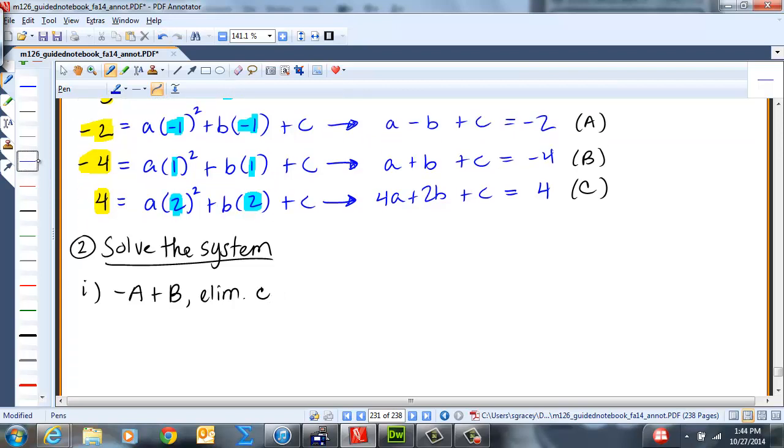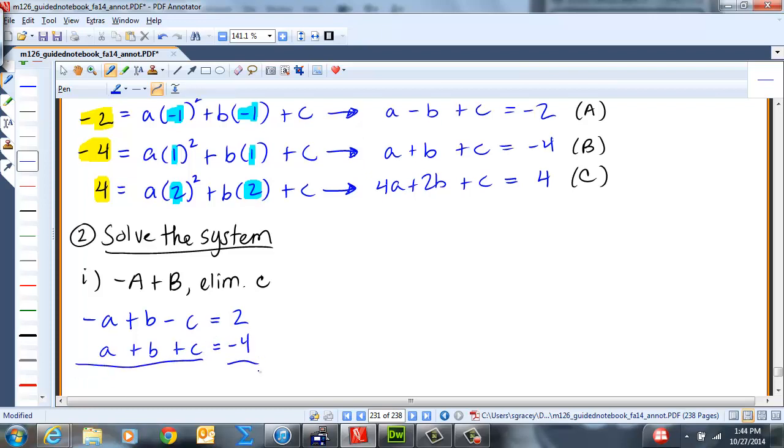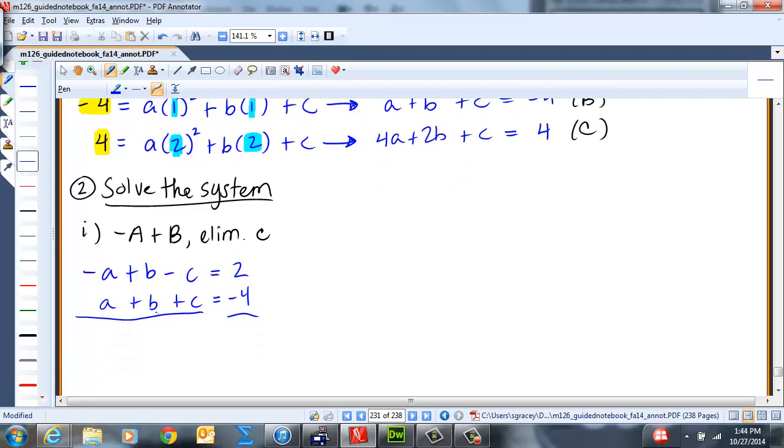So when we do that, I'm going to swap all the signs in equation A. So I'll get negative a plus b minus c is positive 2. And then I'll have a plus b plus c is negative 4. Oh, it looks like we're going to luck out because the a's are going to zero out as well. So we'll be able to solve directly for b. So b is going to end up being negative 1.